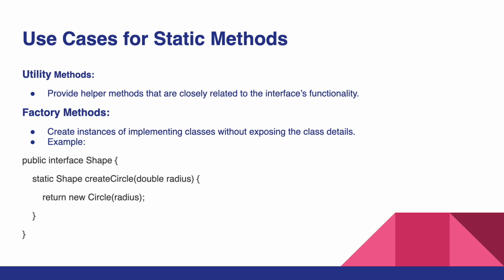In this slide, we see a factory method example in the Shape interface, where a static method creates an instance of a Circle. This approach keeps the code clean and encapsulates the factory logic within the interface.